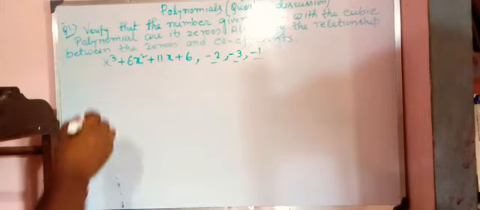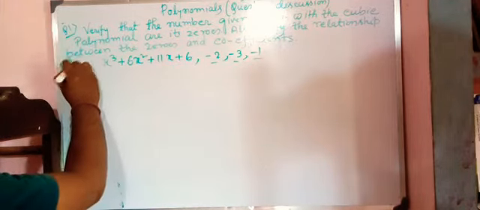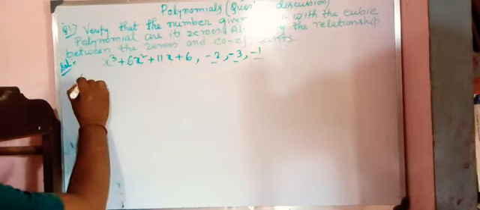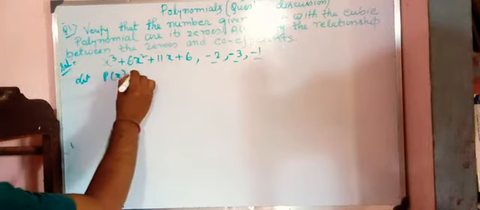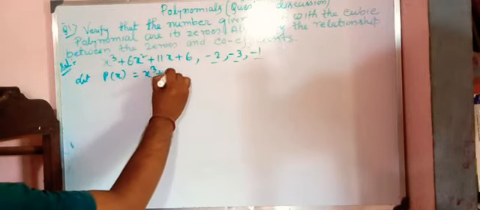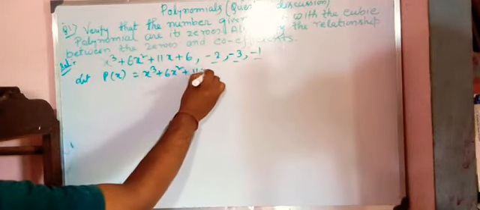So for that, the solution. Let P(x) equal x cube plus 6x square plus 11x plus 6.